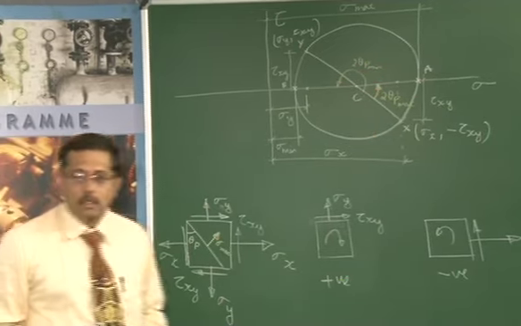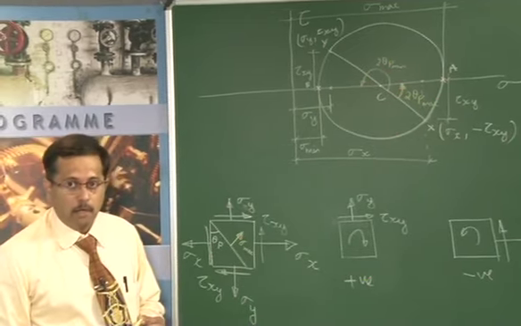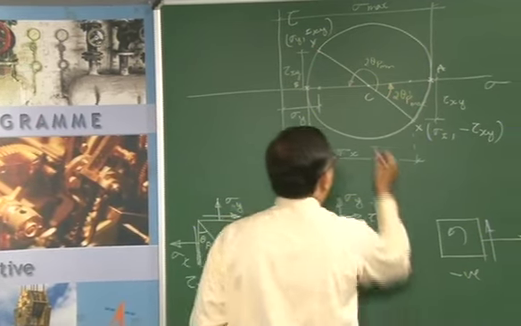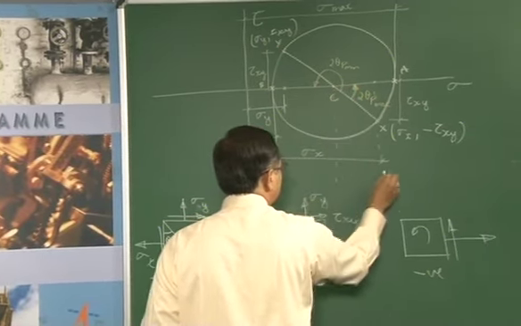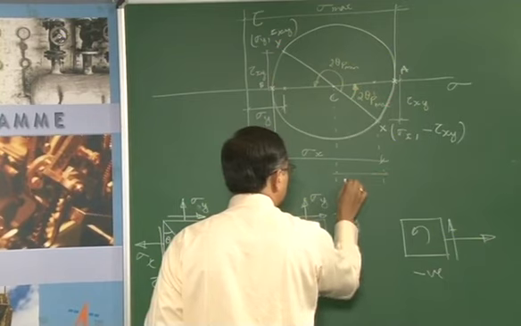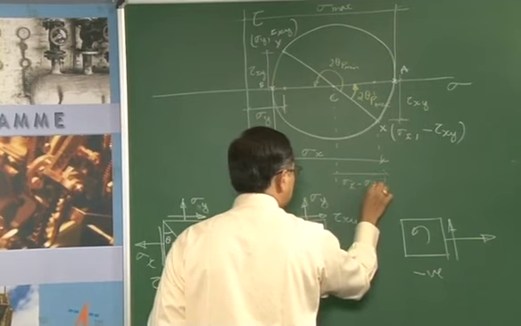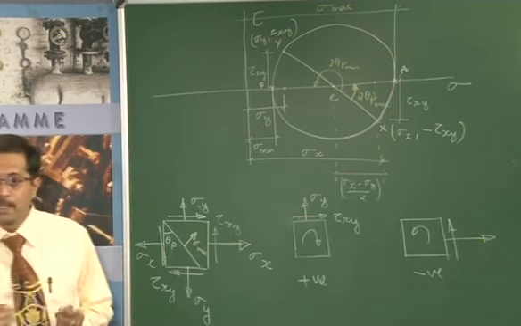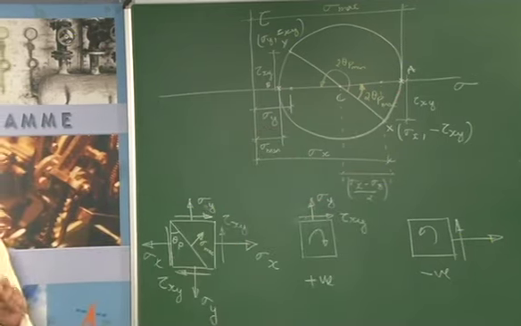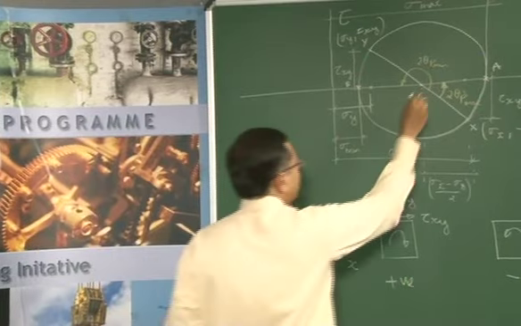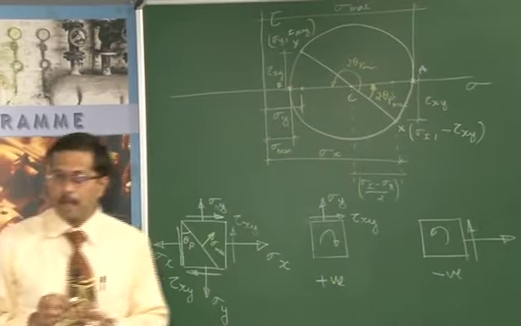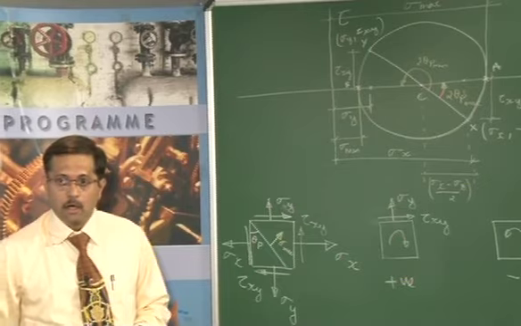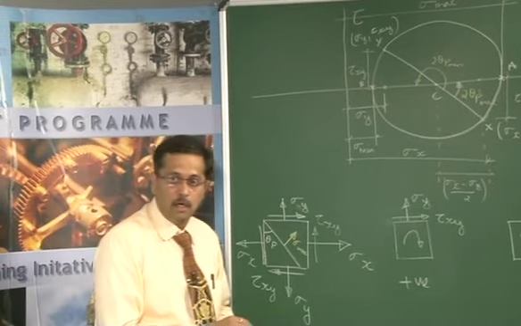And the other value that you need to know is this distance, which would be equal to sigma x minus sigma y by 2. This is the value that we get, which is the average value, and the center would be acting here.